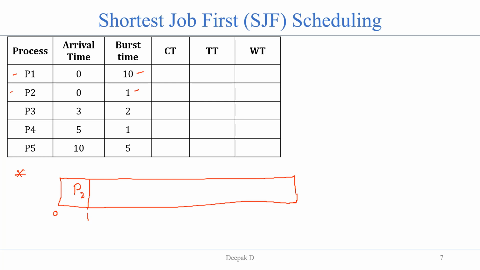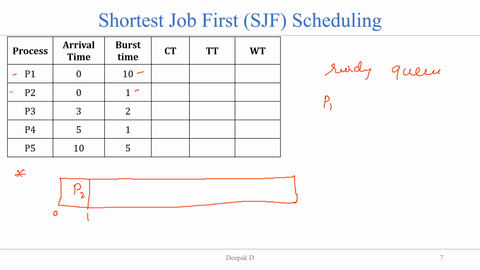As soon as P2 completes, in the ready queue you can see P1 has already arrived. And when it completes 1 second, no other process has arrived till now.